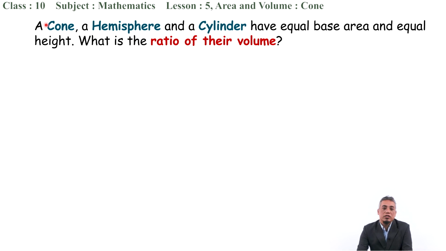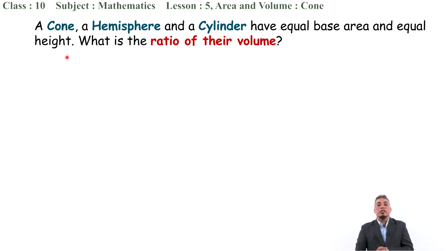A cone is a cone, we are discussing cone, and cylinder we have already seen. And what is a hemisphere? Yes, it is half of the sphere. So they all have equal base area here. That means they all stand on the same circle. And equal height, they all are of the same height.